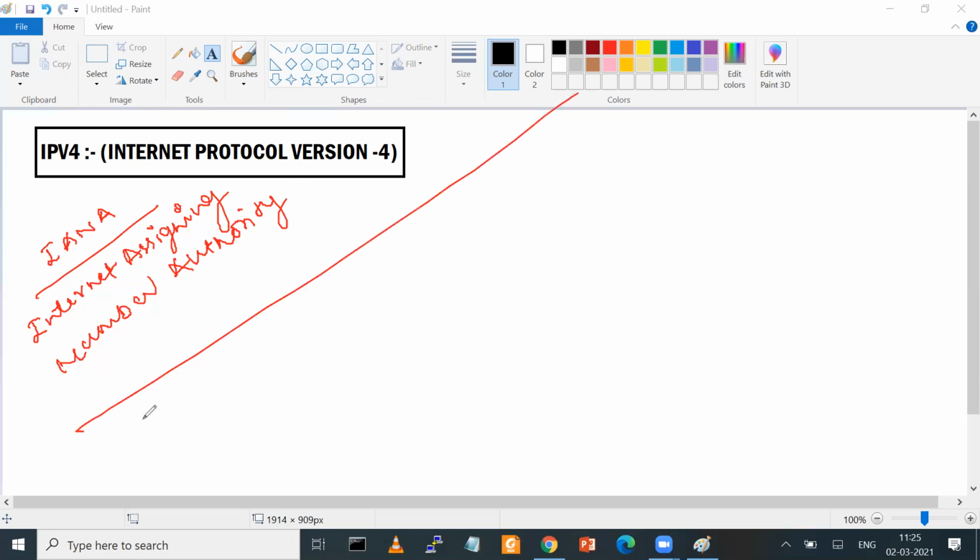So let's talk about the fundamentals first. IP version 4 fundamentals. IP version 4 basically has 32 bits. IP version 4 में 32 bits होंगी. 32 bit address.